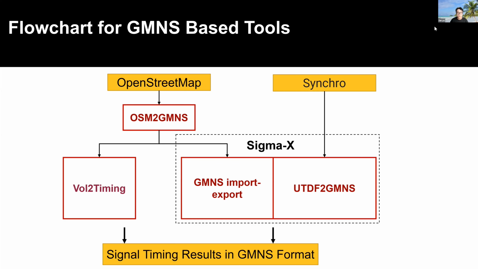SigmaX can do the exact same thing, using the GMNS import-export function to convert the OpenStreetMap to GMNS and generate the timing result in GMNS formats.